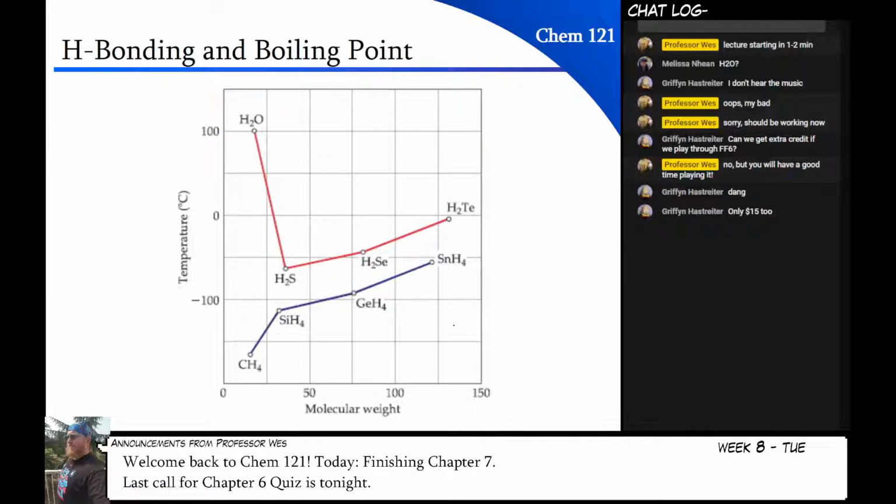So let's write that down here at the bottom so you know what that means. And on the y-axis, we have the temperature in Celsius. And what you probably can tell is that as the mass of a molecule increases, its boiling point tends to increase. We're going to discuss this feature coming up. So this is actually a very well-known property.